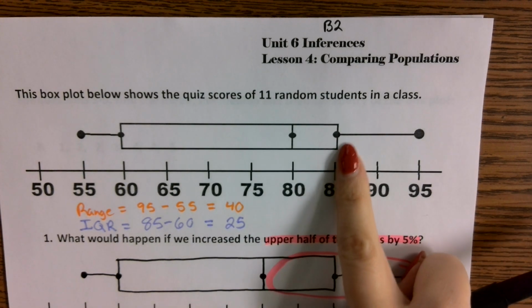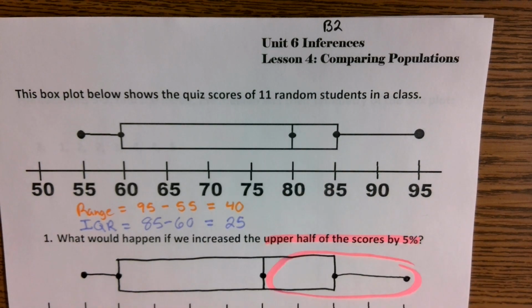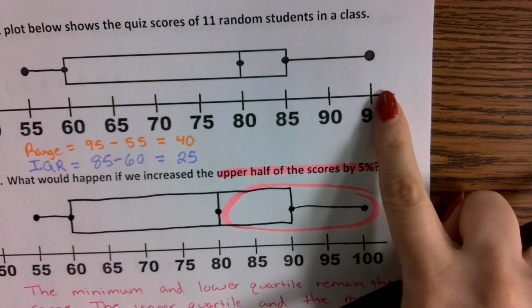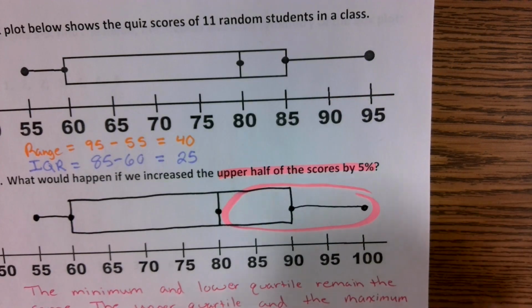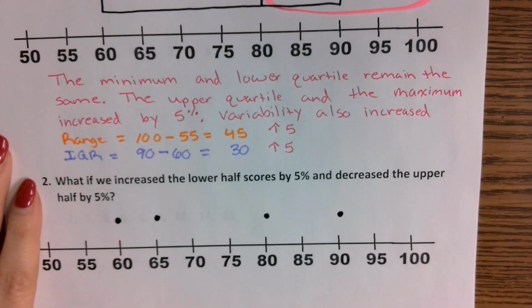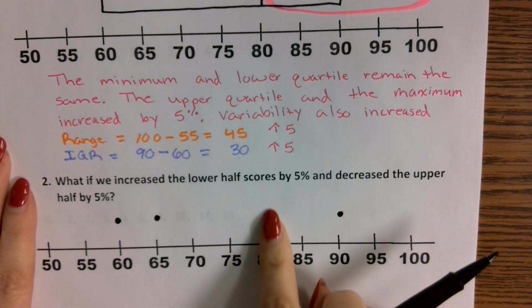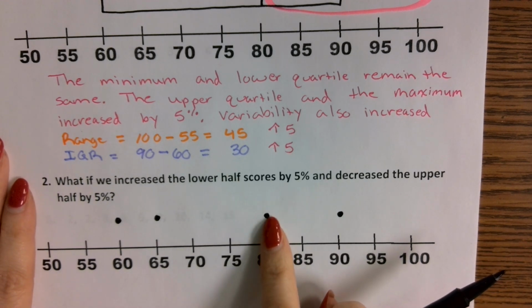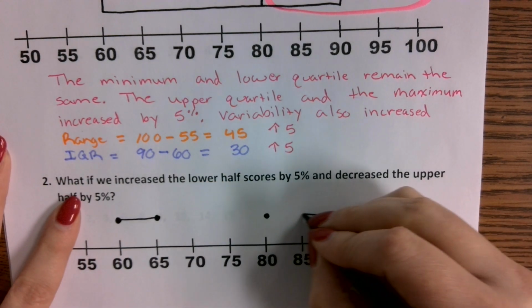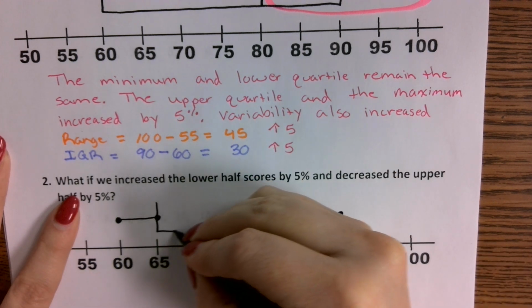So what is my upper quartile going to become if I lower it by 5%? 80. It also becomes an 80. And then what does the maximum become if I lower it? 90. So notice in a situation like this, your median and your upper quartile are now the same value.